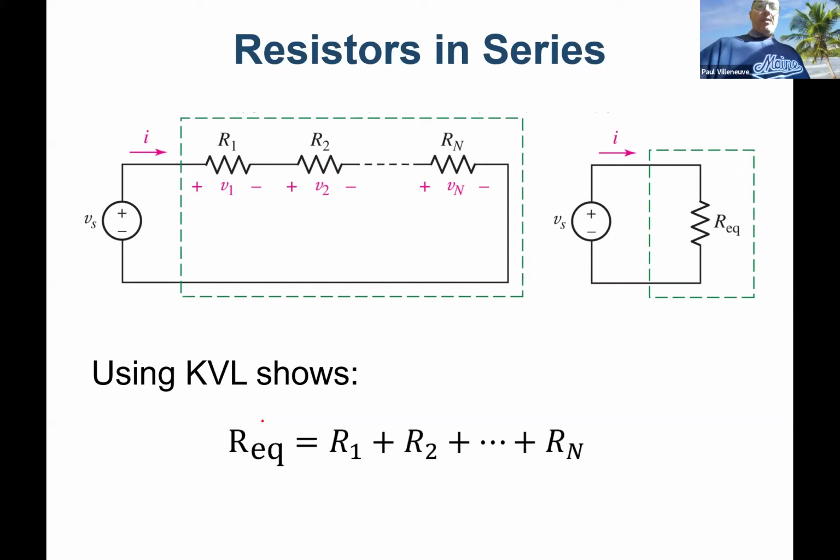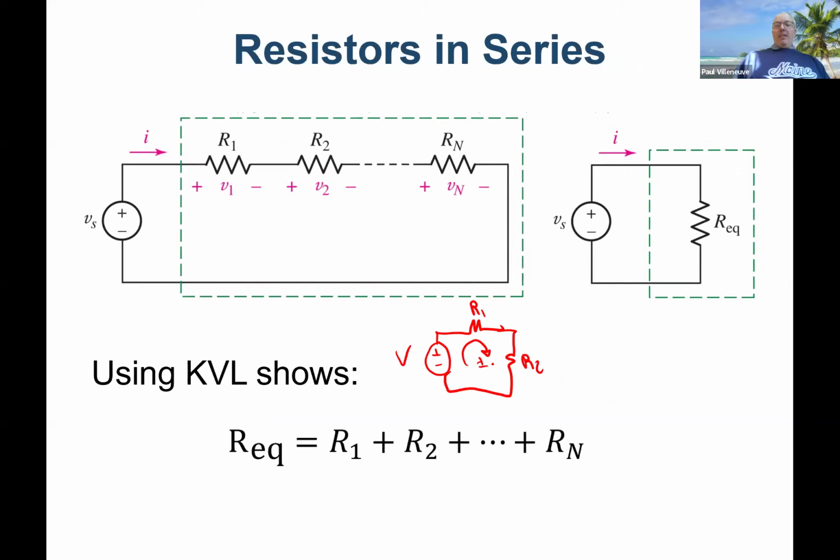Let's do a simple series circuit. Okay, we'll just do two, and then you can put 3 or 4 or 5. So we're going to do a loop equation. This is my current. And what we have is negative V plus IR1 plus IR2 equals 0, correct?